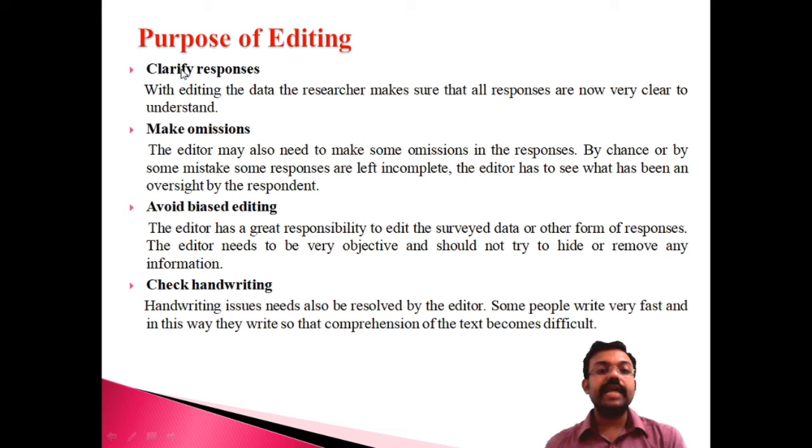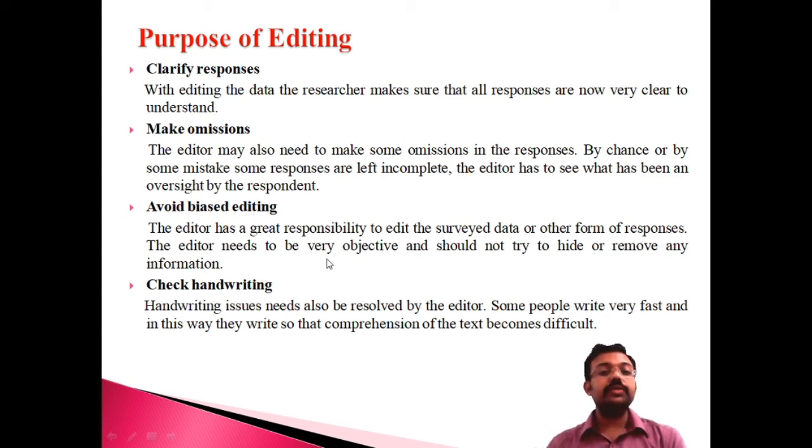The first one is to clarify the responses, the second one is to make omissions, and the third one is to avoid biased editing. Sometimes there is a bias error. There's a chance of bias because of the inexperience of the editor. The editor has a great responsibility to edit the survey data from the responses.